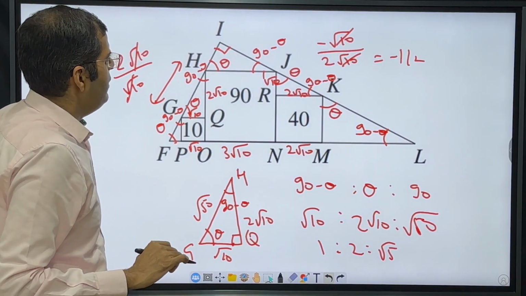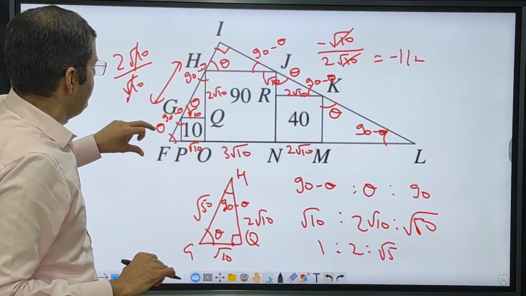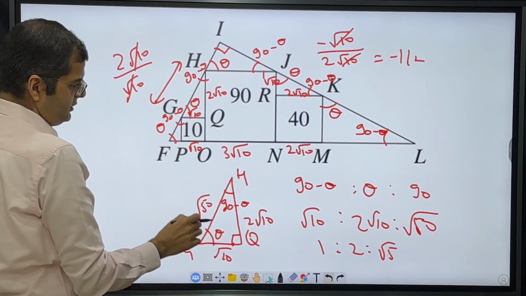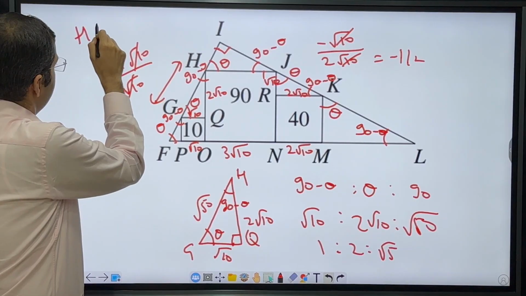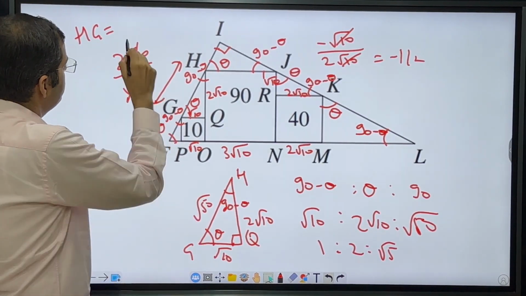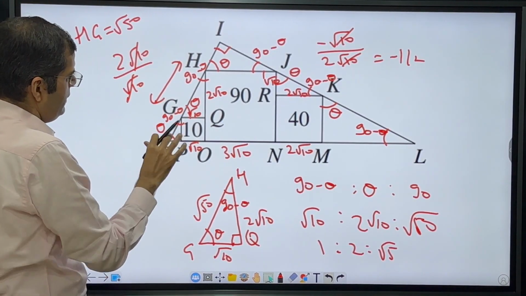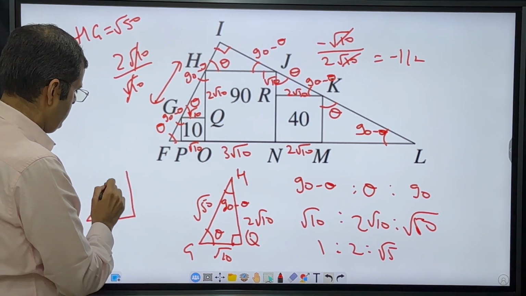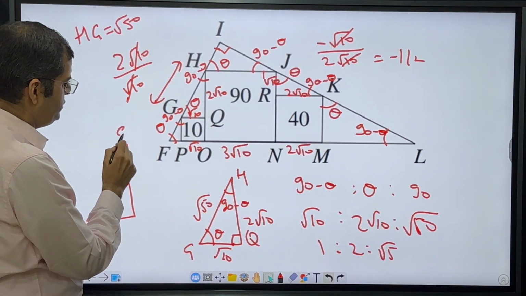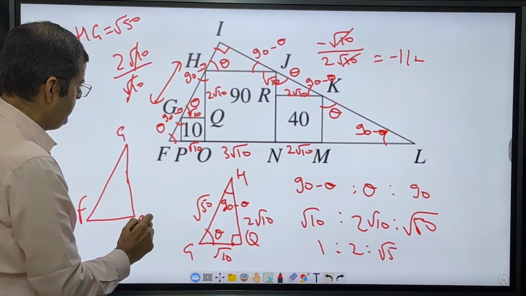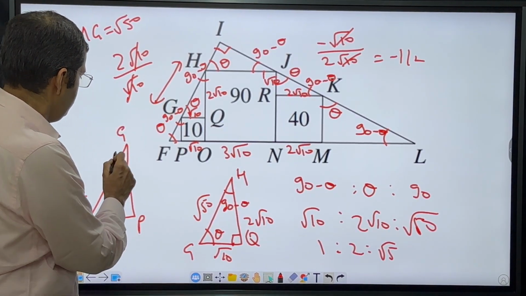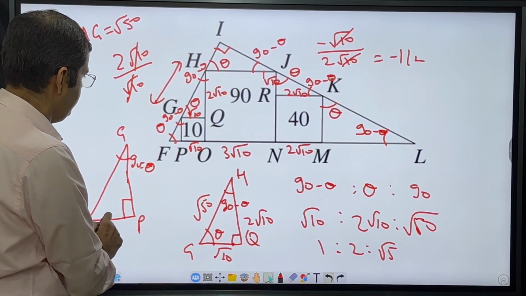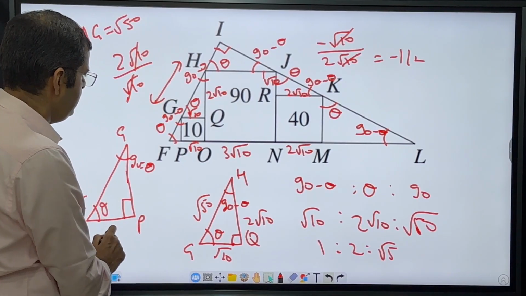Okay. Now, I know GH. By the same logic, I can find GF. HG I know is root 50. Now in triangle GFP, this smaller triangle, this is 90 minus theta, this is 90 here, and this is theta.